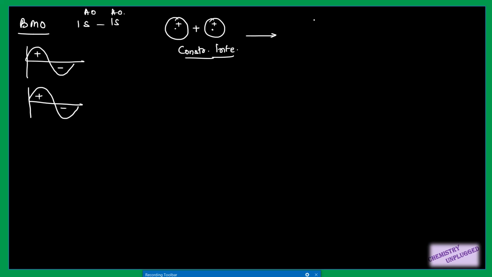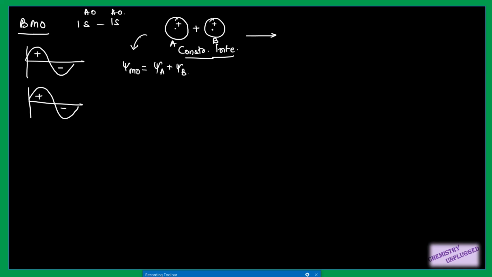So in this way the electron density between the internuclear distance will increase. Or you can think of it in a different way: suppose this is your A atomic orbital, this is B, and they will form a molecular orbital by linear combination. Psi A will mix with psi B, right?